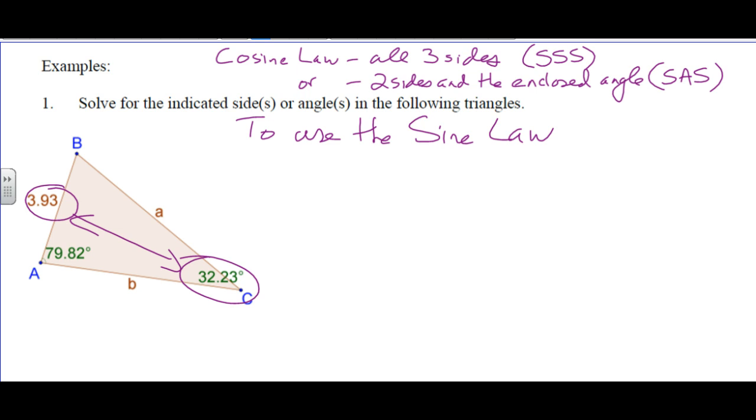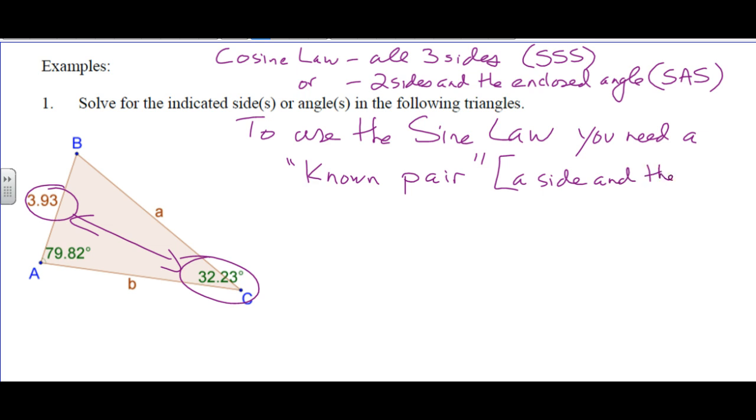Depends on. To use the sine law, you need a known pair, which means you need a side and an angle opposite that side. Known pair, right? So that's a side and the angle opposite that side.